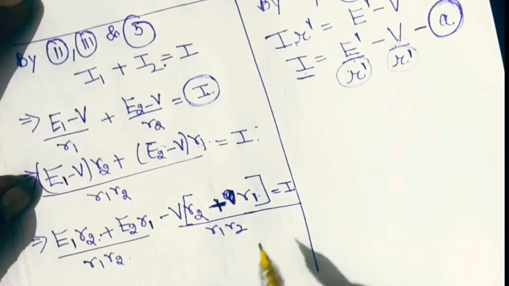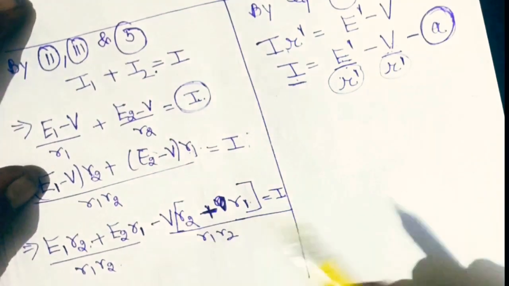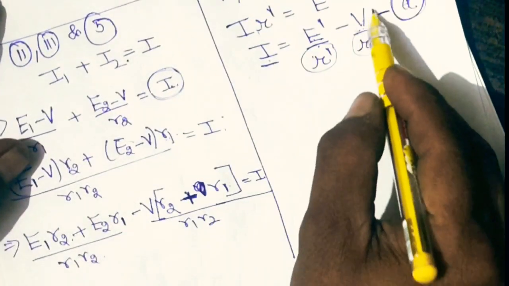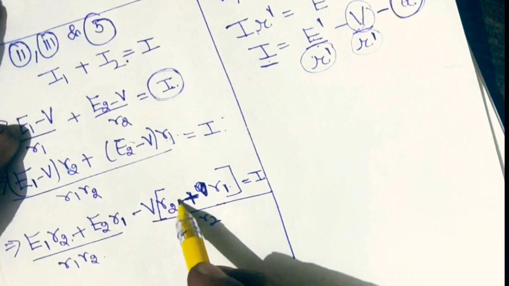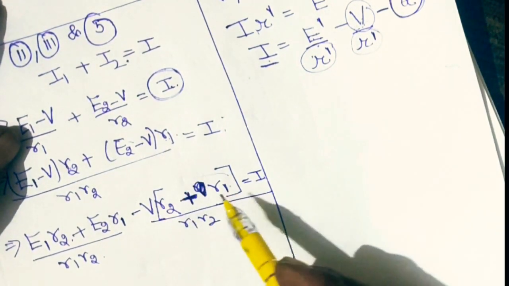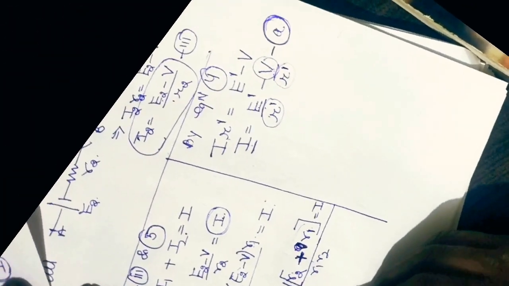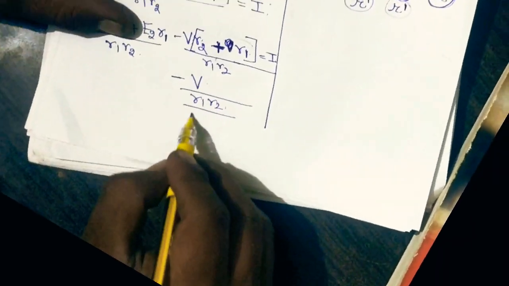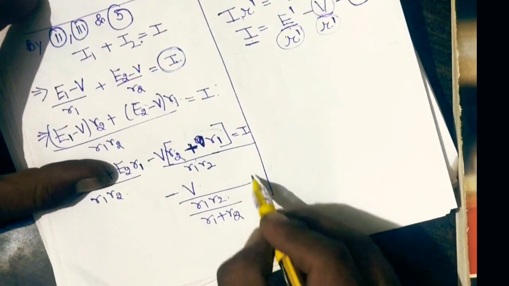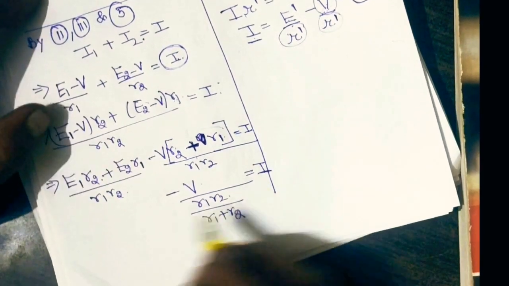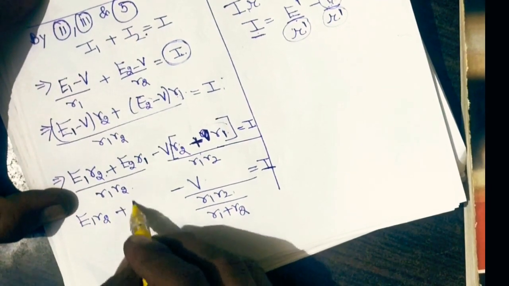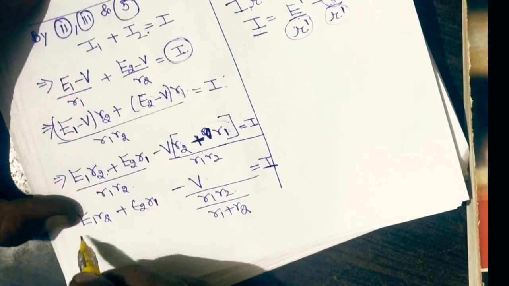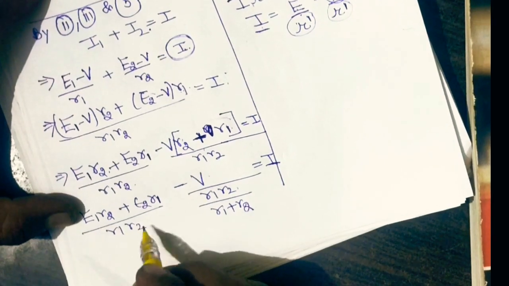Now we can compare, but let's simplify it a little better. Here you can see that V is alone in the numerator, but here V is not alone; this term is also in the numerator. So let's bring this, and this term will become minus V upon R1 R2 upon R1 plus R2 equals I. And the other term will be E1 R2 plus E2 R1 upon R1 R2.